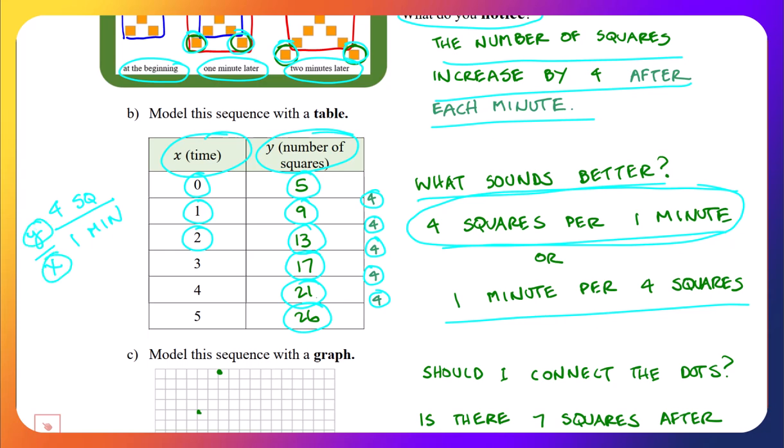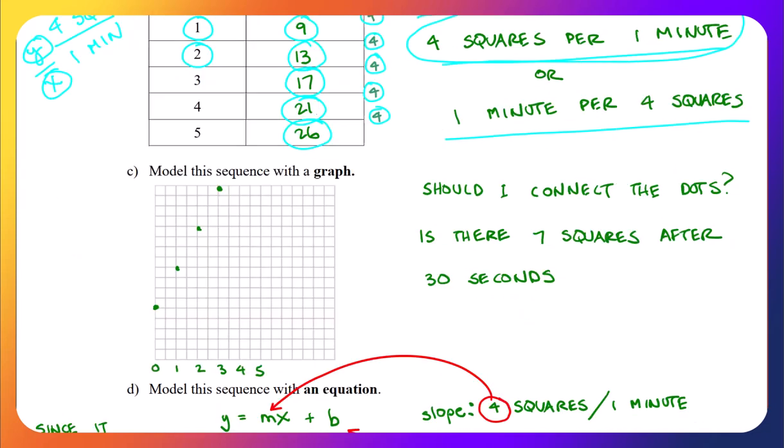And that might sound familiar. We go ahead and plot these points. 1 box per square in the y direction, but 2 boxes per minute in the x direction.